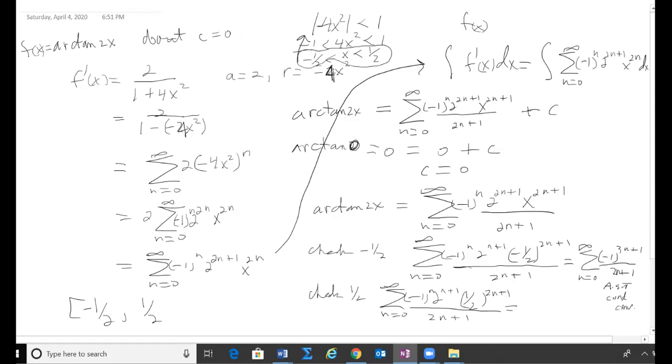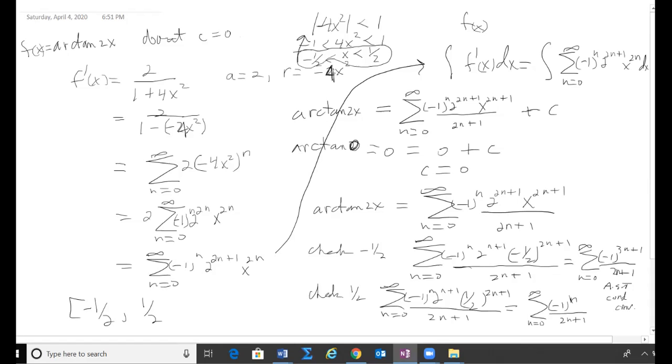The 2 and then this half are wiped out, and you have this over 2n plus 1. I think that one is obviously an alternating series, and it does converge for the same reason that this other one did. It's going to converge conditionally, but it does converge.